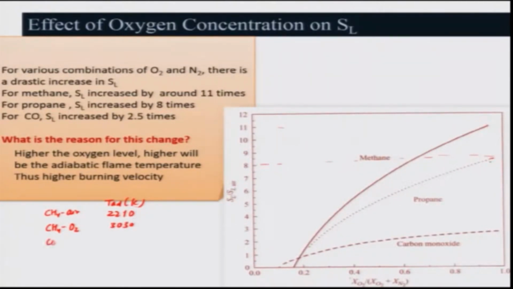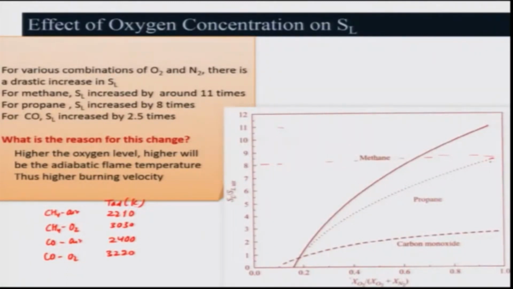Similarly, for carbon monoxide air, the temperature will be 2400 Kelvin, and for CO oxygen, this is 3220 Kelvin. So, there is a lot of difference in temperature whenever you replace air with pure oxygen. As a result, the burning velocity will be increasing.